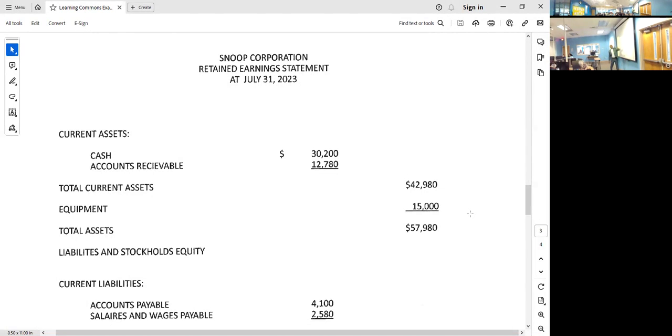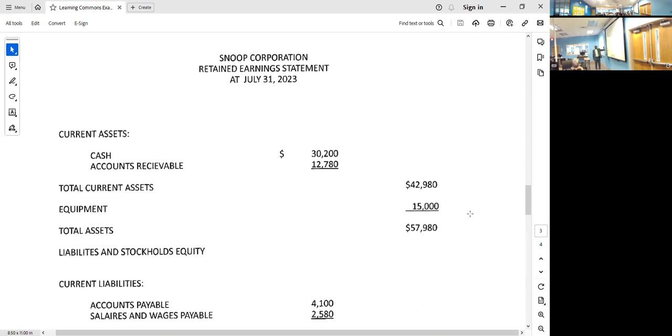We did that already. So here we have listed current assets: cash and accounts receivable. They're the only current assets we have. We total those up, and we get current assets of $42,980. The only long-term asset we have down here is property, plant, and equipment; later on, they're going to call it a fixed asset.